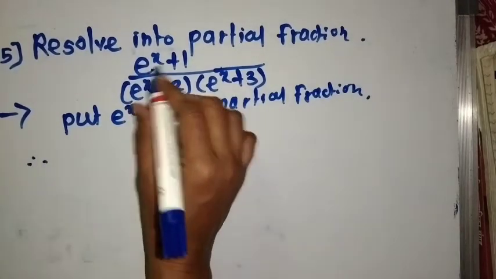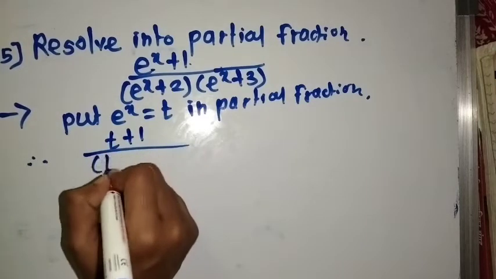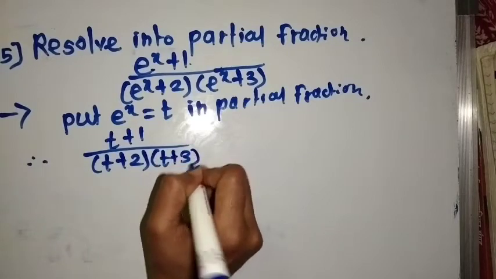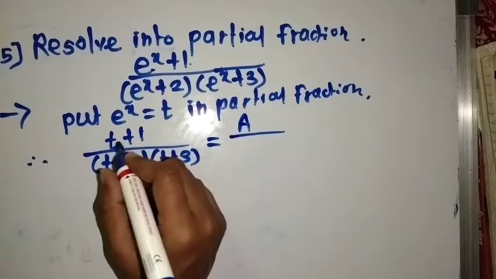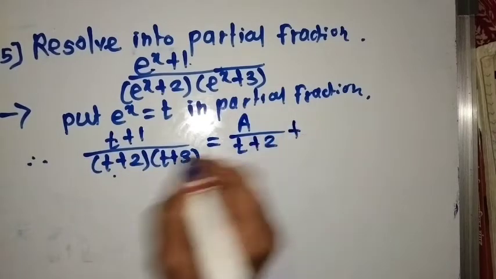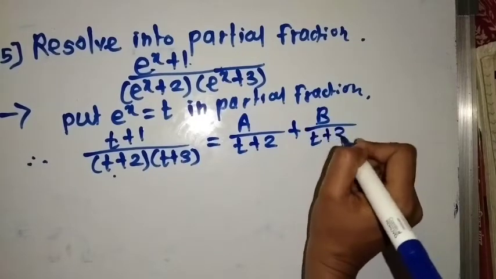Hence we get t plus 1 upon t plus 2, t plus 3 is equal to a upon t plus 2 plus b upon t plus 3.